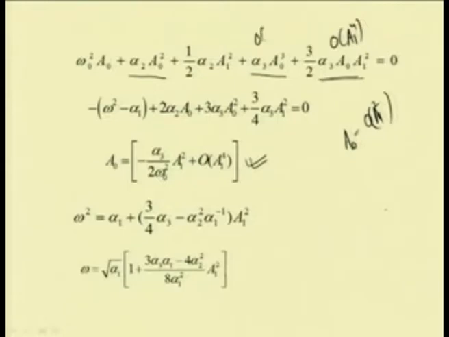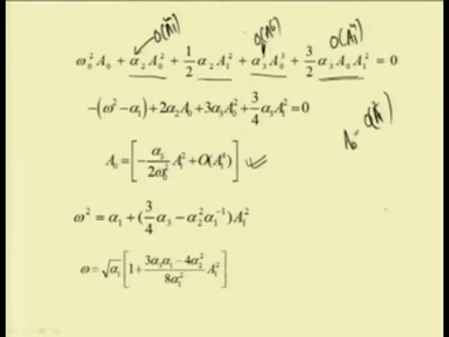So this term is of the order of a 1 sixth and this term is of the order of a 1 fourth. So we will take only the term a 1 square, neglecting the orders of fourth and sixth.